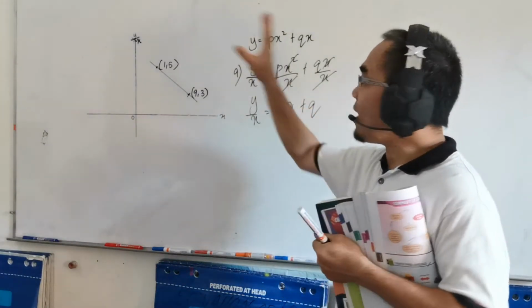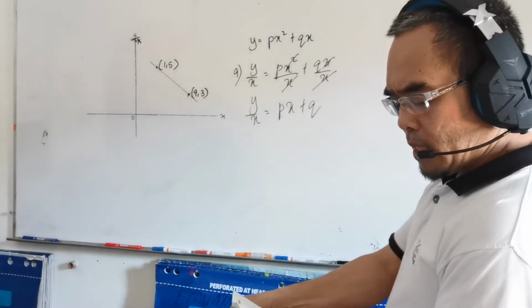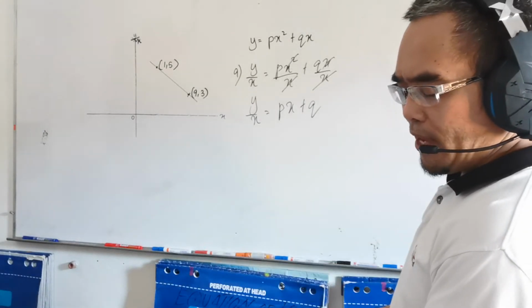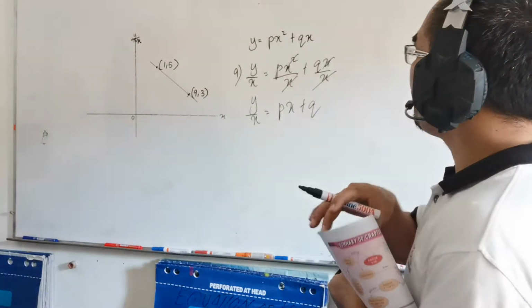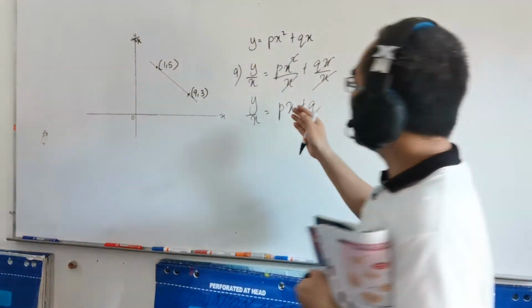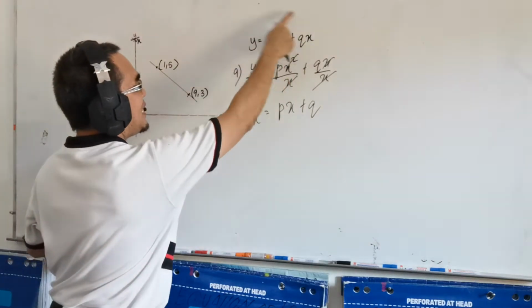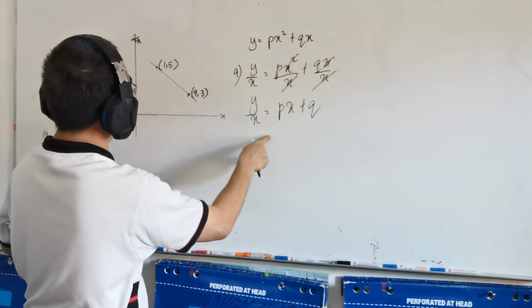Convert the equation to linear form. Okay, with regard to the graph. B, find the value of p and q. So this is the equation that you converted from the non-linear to the linear form.